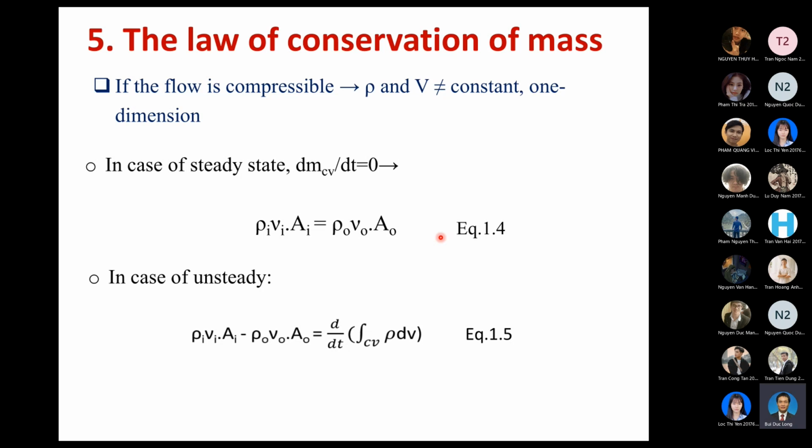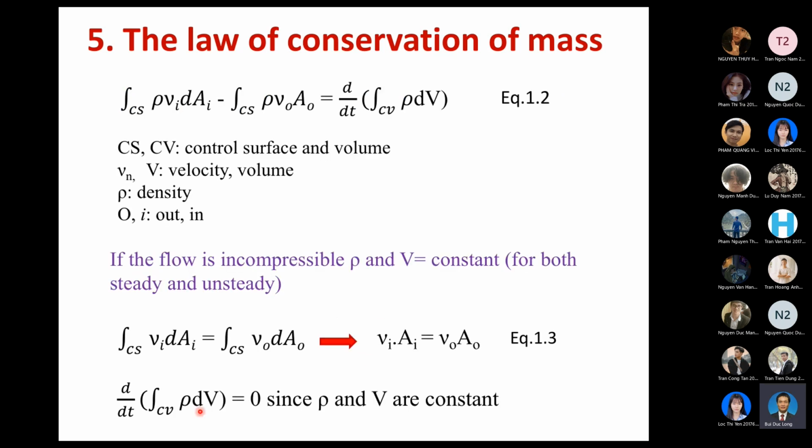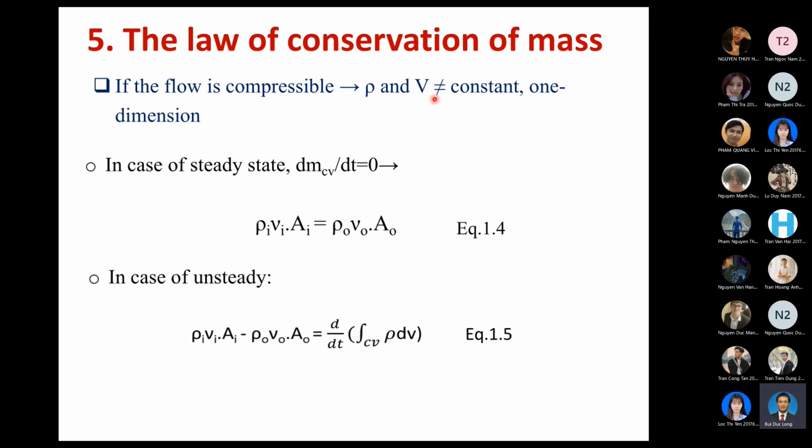In the case of steady state, this term will be zero, because V is constant. In the case of non-steady state, V will not be constant, so we still have a right term here, the product here.